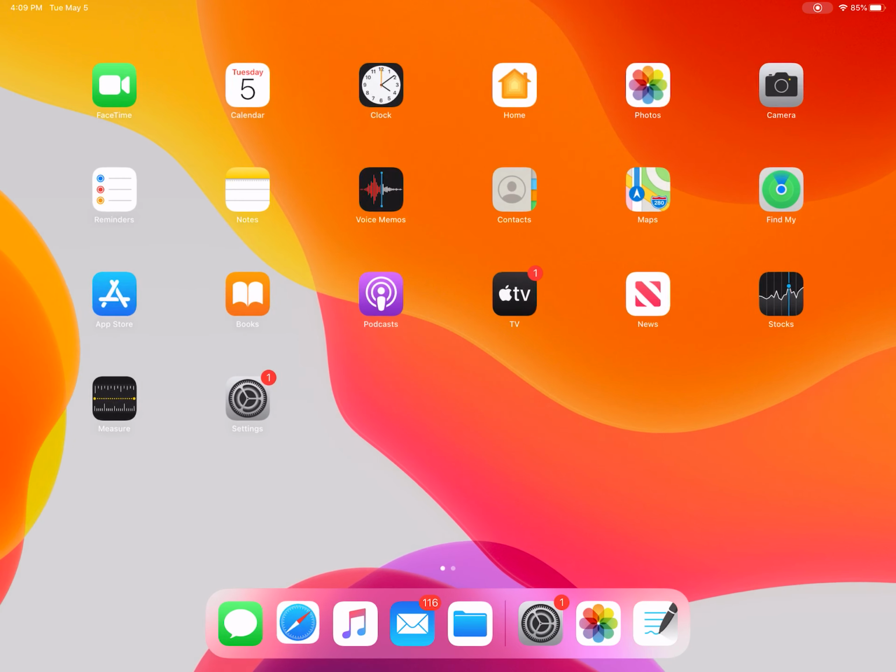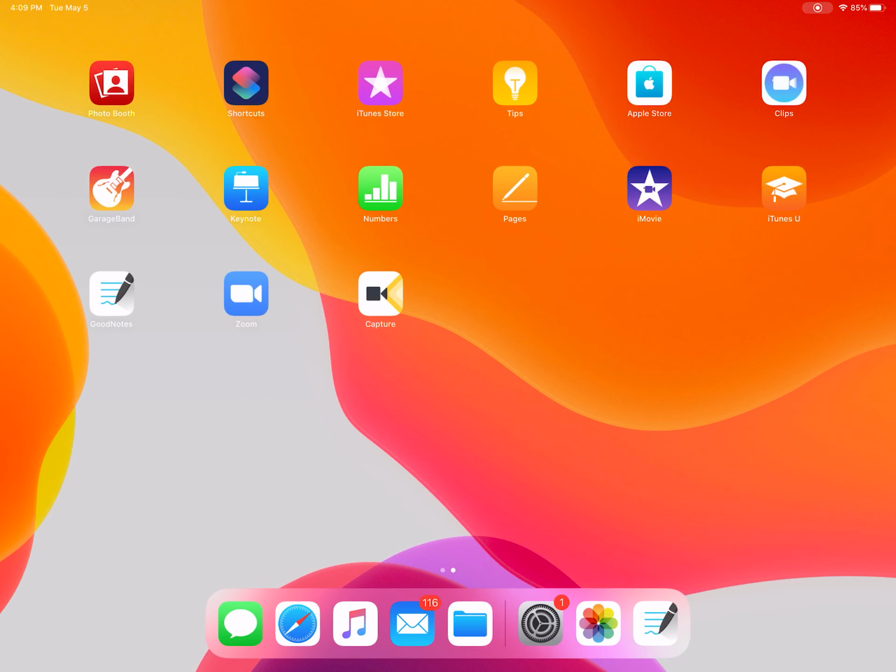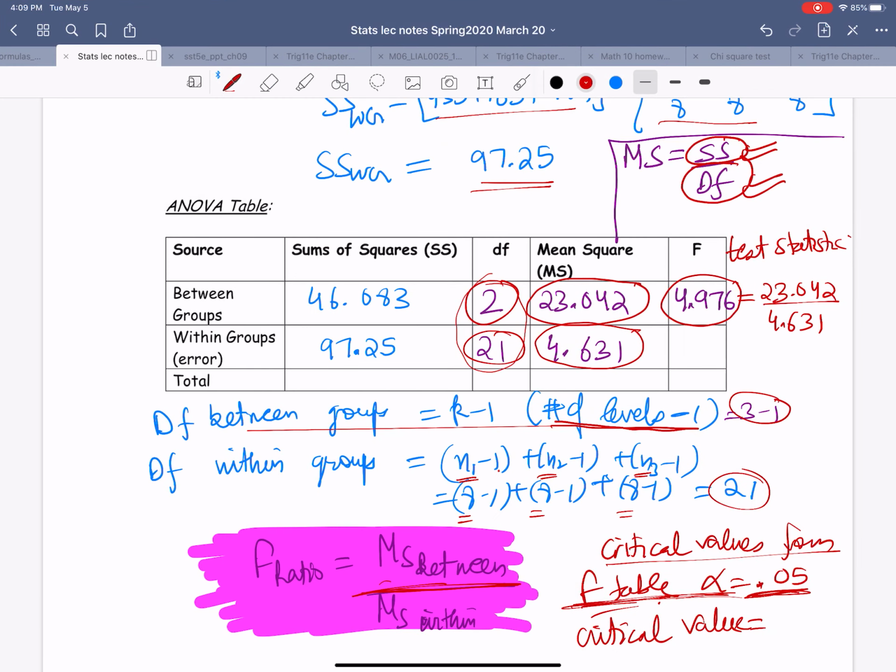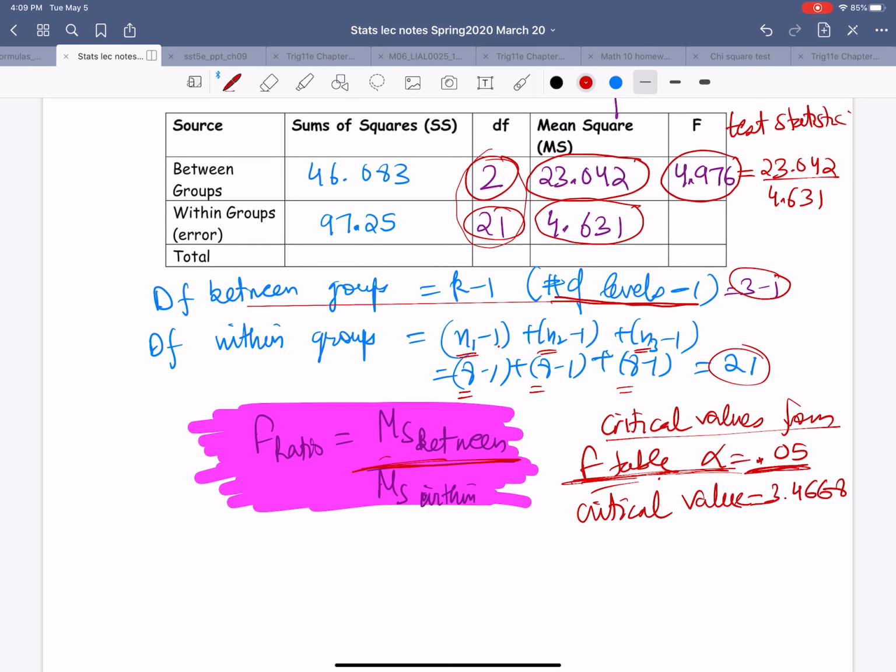All right, so let's go back and compare. 3.4668 is my critical value, and we can see the test statistic does fall in the rejection region. So we're going to say reject H naught.